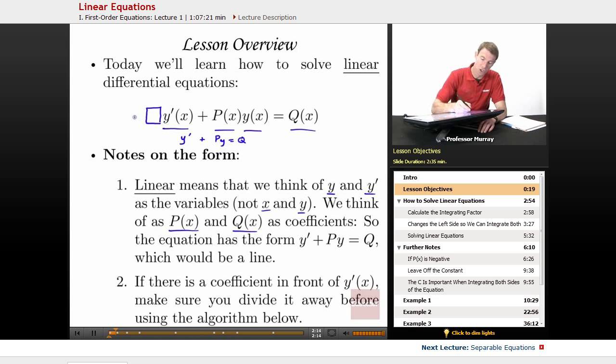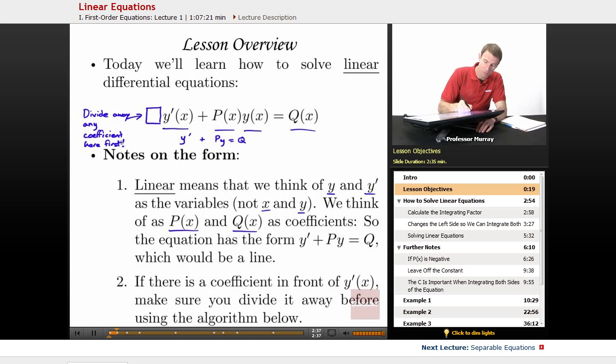So we'll make sure to divide any coefficient in front of the y prime before we start the algorithm that we're going to learn on the next slide. Divide away any coefficient here first.